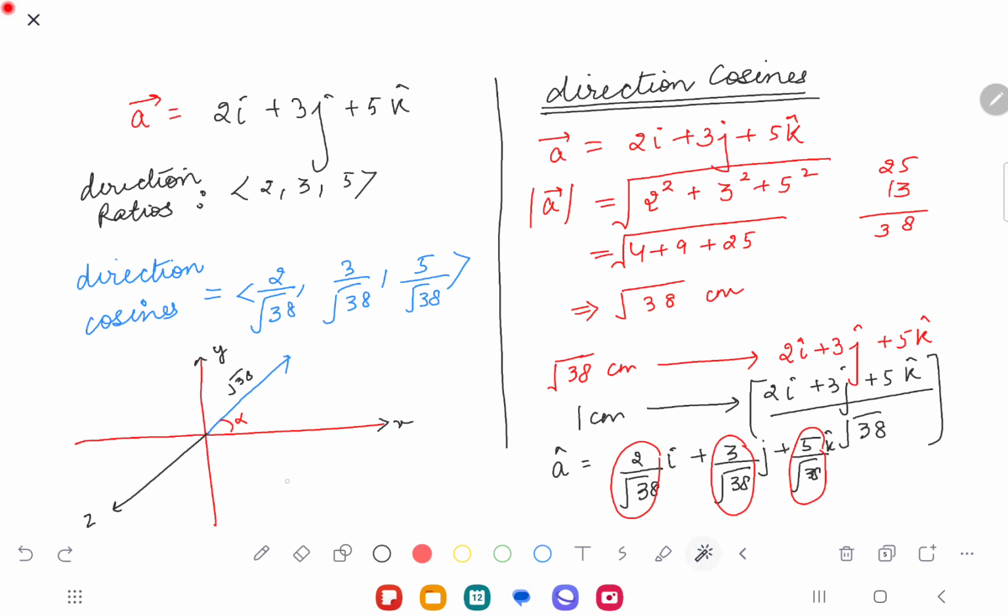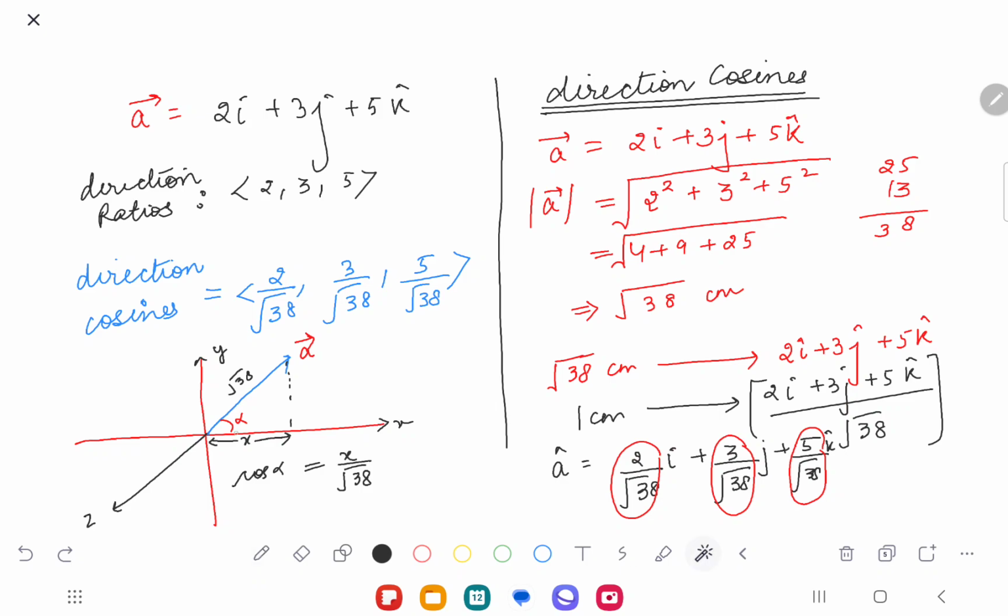So when my vector A is making an angle alpha with the x axis, can you tell me what is the value of cos alpha? Cos alpha, so this is my distance x. So x over root 38, isn't it?